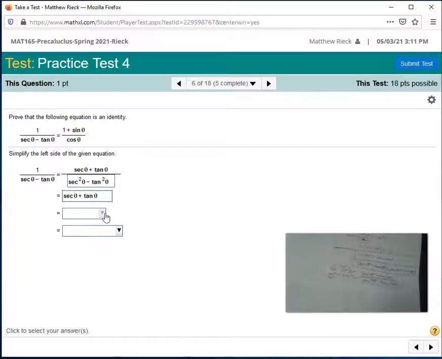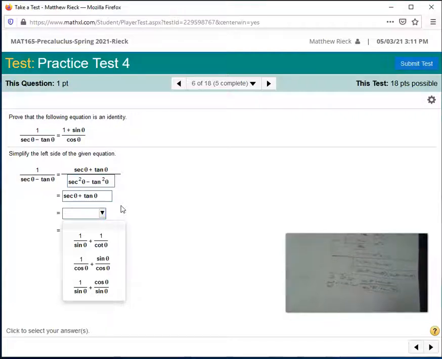Takes you a while, but eventually I come up with what we're doing. All right, so the next thing here, so secant of theta is going to be 1 over cosine. So that eliminates these two.